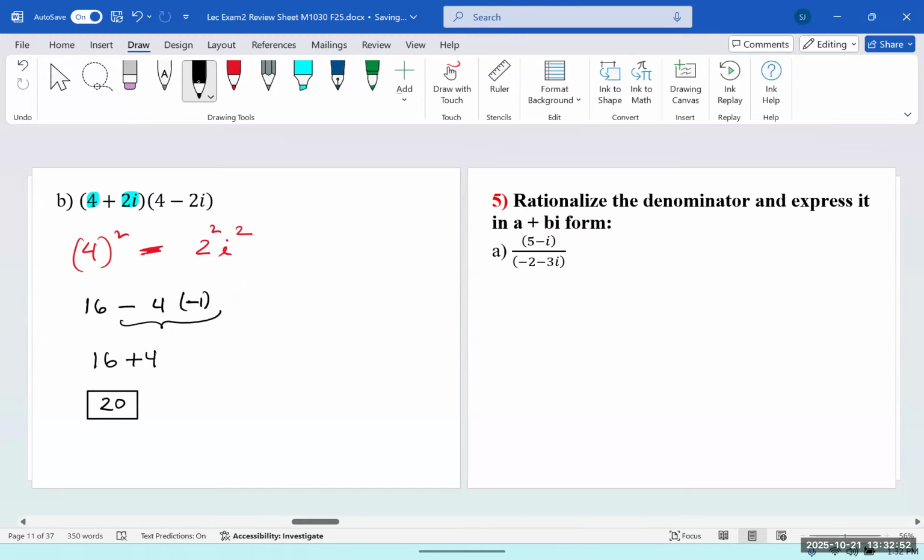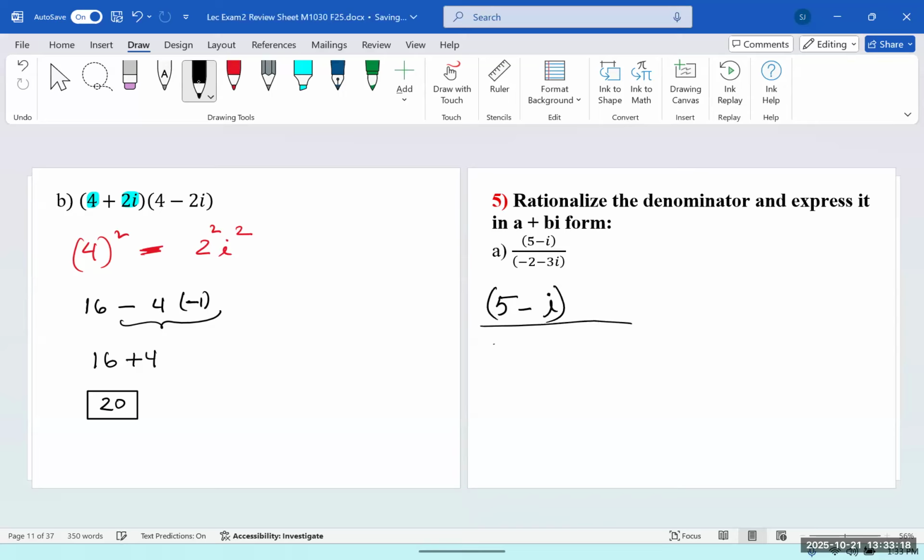And then dividing. Unfortunately, we don't know how to divide the i's. So we rationalize. And depending on how many terms we have, you rationalize differently. Can you guys see it, or is it too small? Let me rewrite in case it is too small. On the numerator, we have 5 minus i.